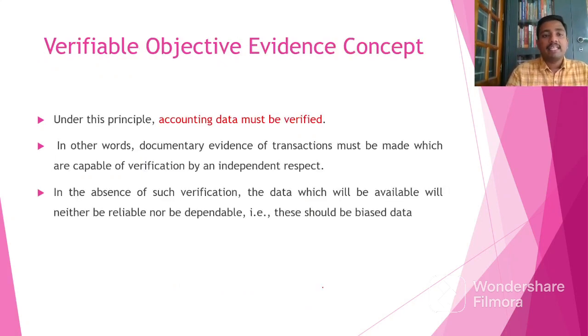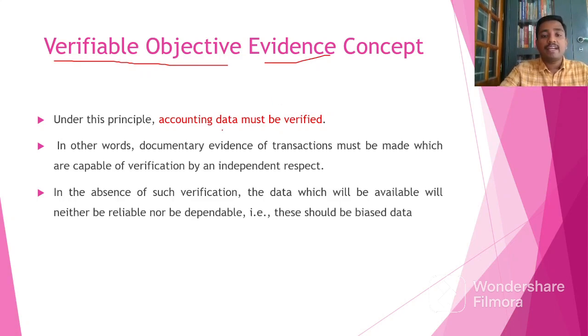The next one is verifiable objective evidence concept, which says that there should be a verifiable object, which means a proof is required for supporting every transaction as evidence, and the transactions which do not have this verifiable object should not be recorded because they do not have any evidence.